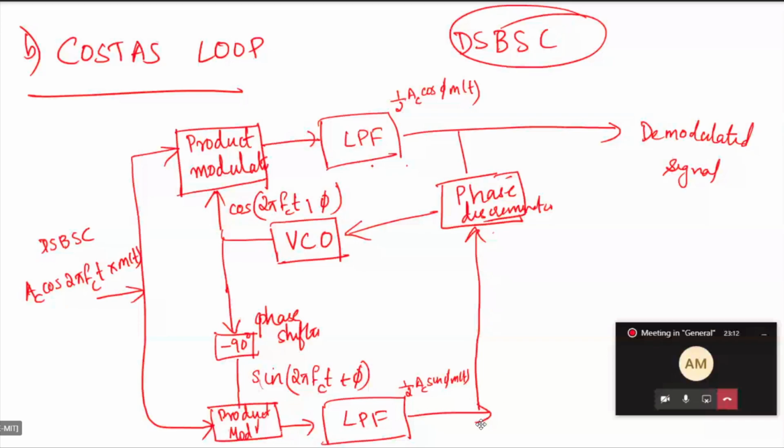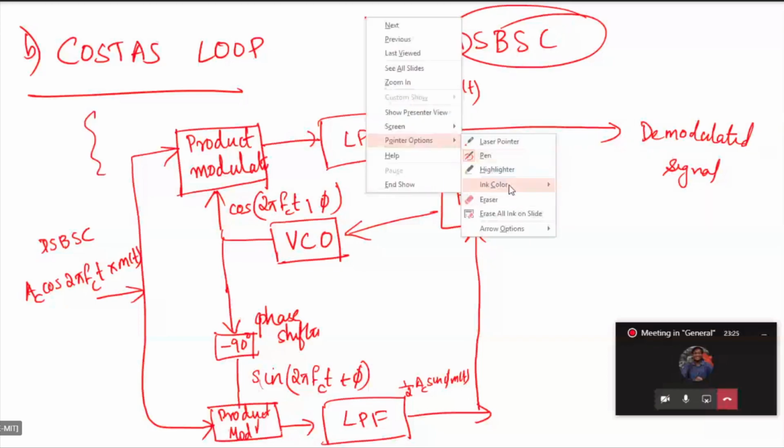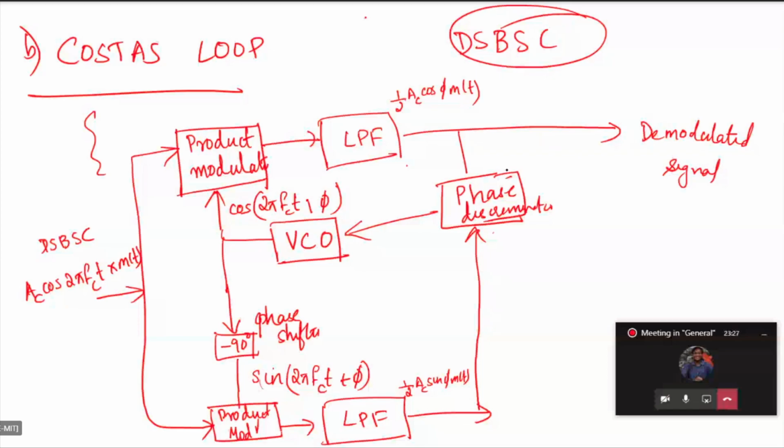And this upper path is known as the in-phase channel, or I channel. And this part is the Q channel, or quadrature channel.